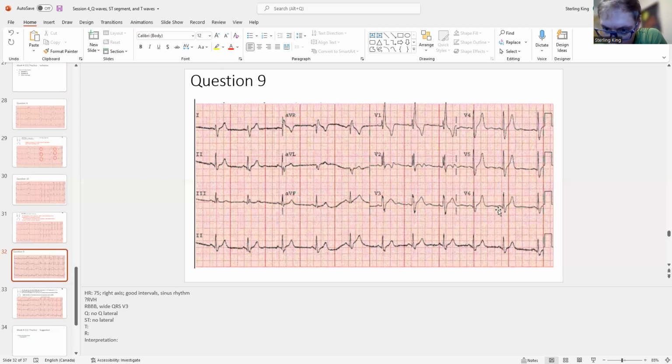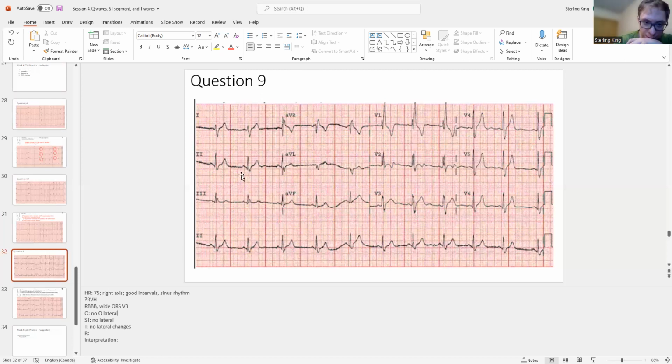This one's like 1, 2, 3 below. There's a little dip right before, but it's very subtle, and I think it's probably not as important. So no lateral. T's look up. Good. So normal T's. No lateral changes.